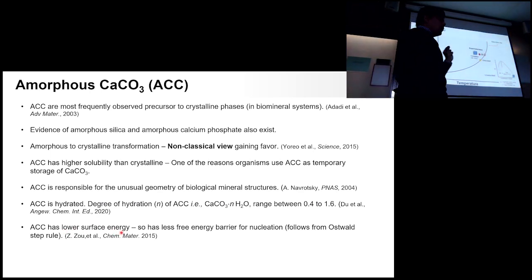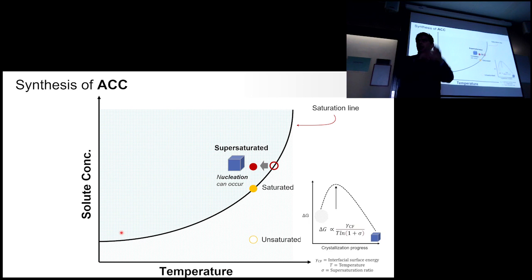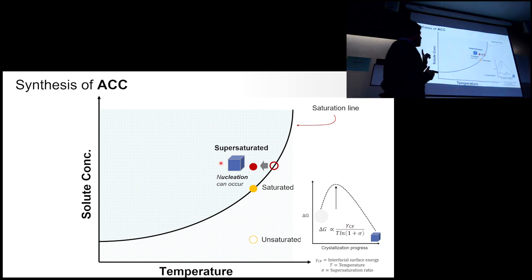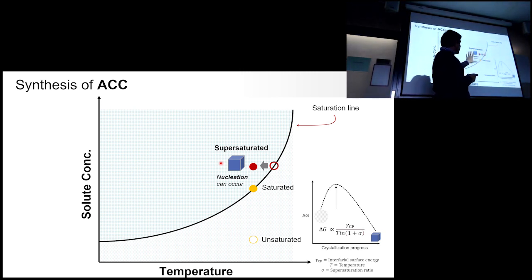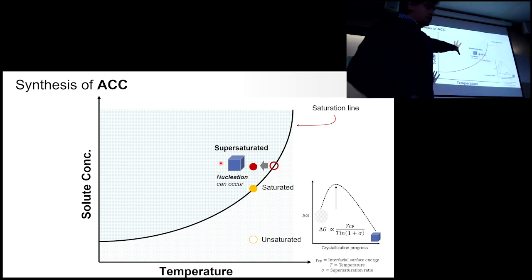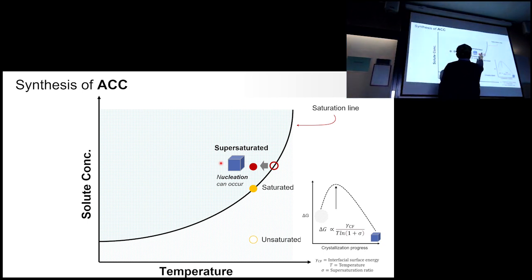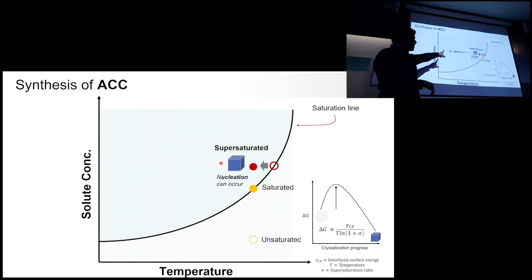So now, the important point for us engineers: can we synthesize ACCs? Because if we can synthesize ACC, we can then maybe create the biomineralized shells, right? We can mimic biomineralization. So we go back to our previous scenario, and we take this solution, and from where we were here, we cool it even further.